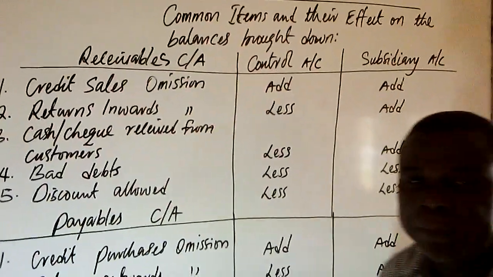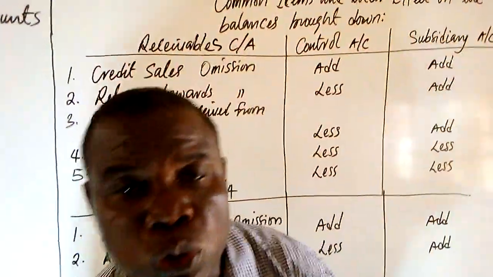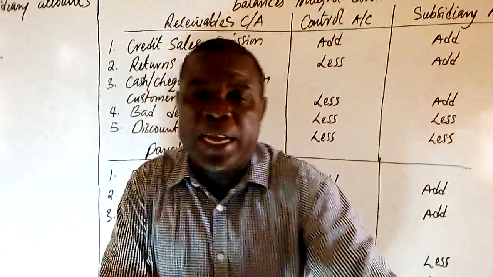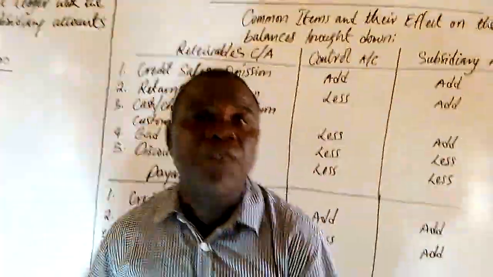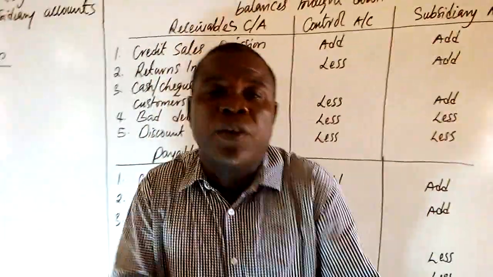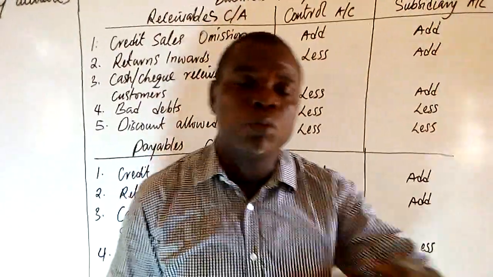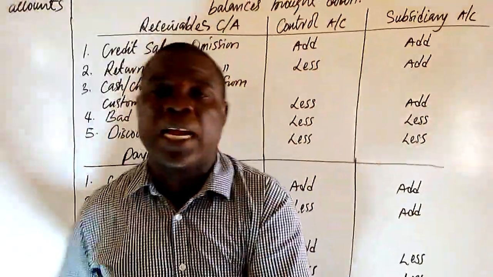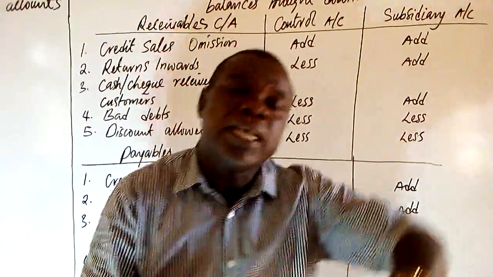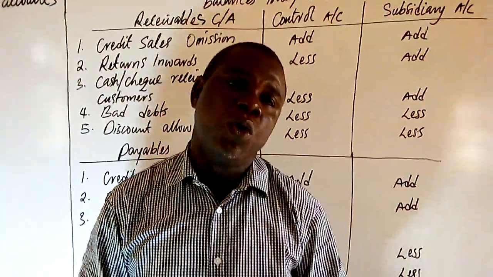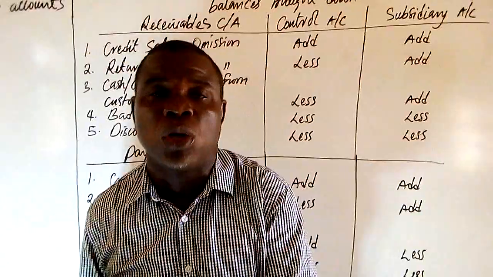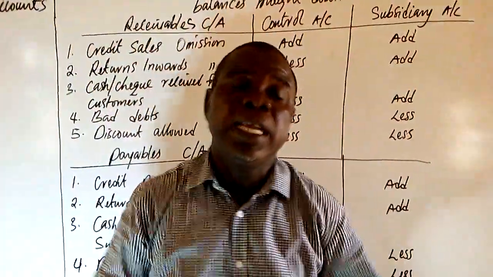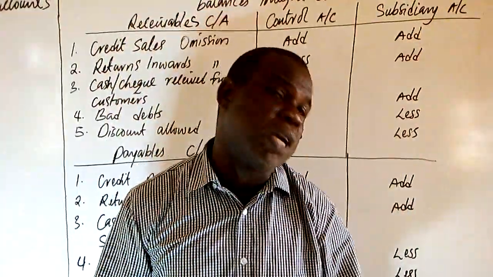The basic thing in reconciliation is for you to know what an item will create if there's an omission in a given account: whether it will create an addition or a subtraction from the balances at the end of the day that disagree, which calls for reconciliation.